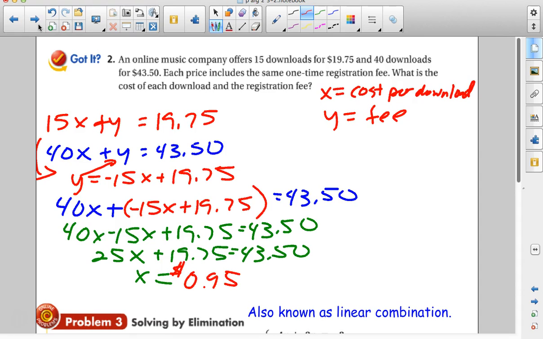Then what do you do to get the fee? Plug it in. You got a good one? Red one looking pretty good right here.